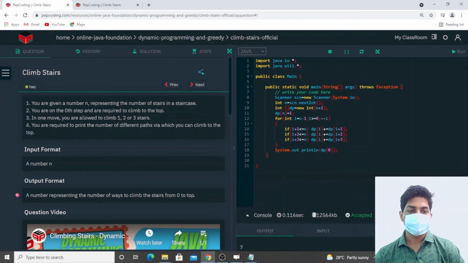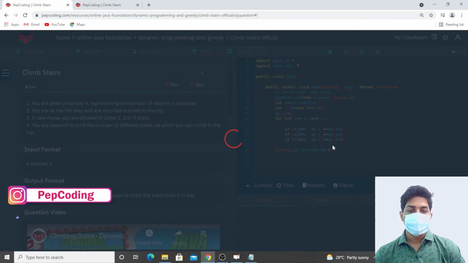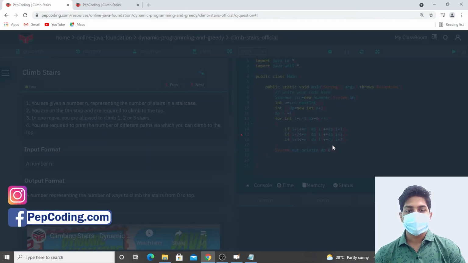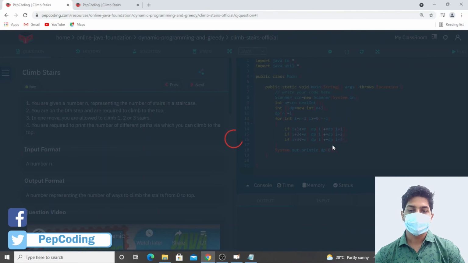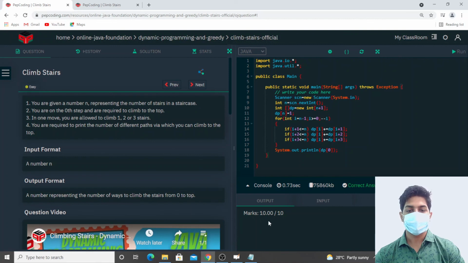Let's try to submit it and see whether we are passing all test cases. We are passing all the test cases. That means our solution is fully correct. I hope you guys have understood the solution.